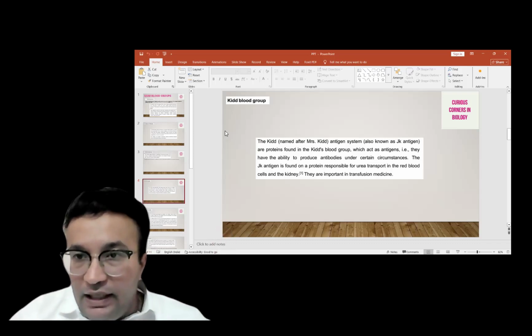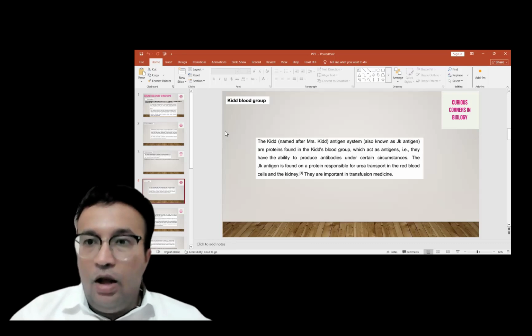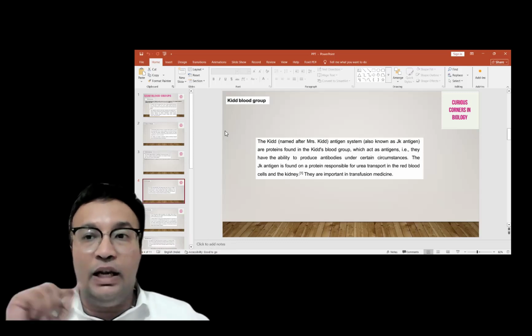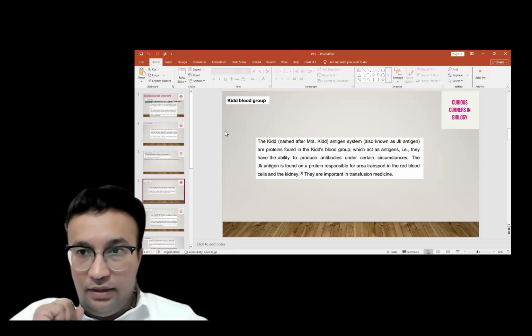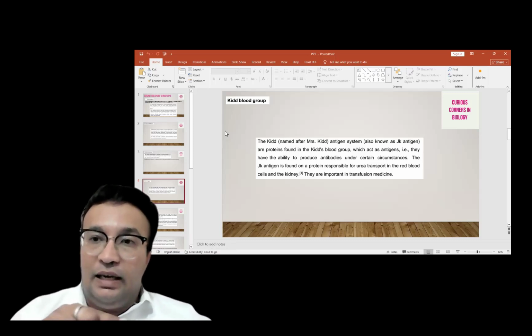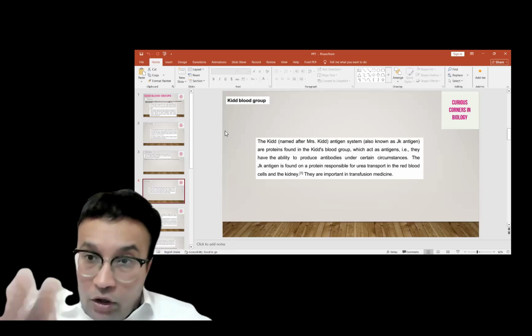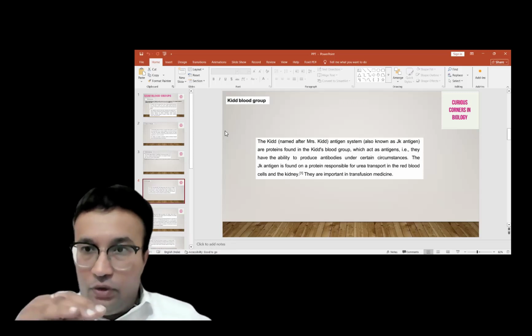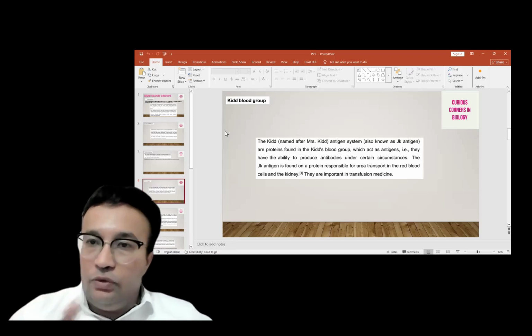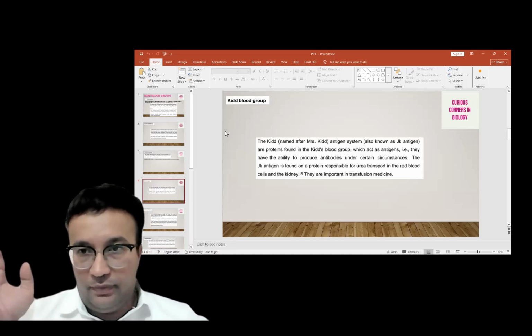So when blood reaches the kidney, the concentration of urea is dependent on this antigen because it is associated with the urea transporter protein. So this antigen is associated with docking urea in the kidney, thereby increasing the concentration of urea in the kidney, and hence urea is flushed out in the urine.